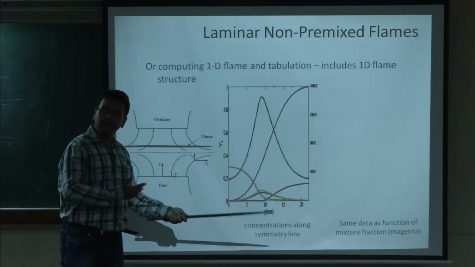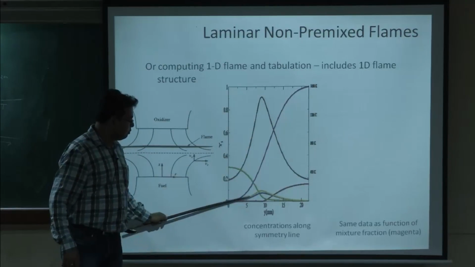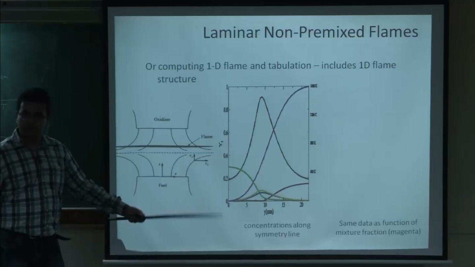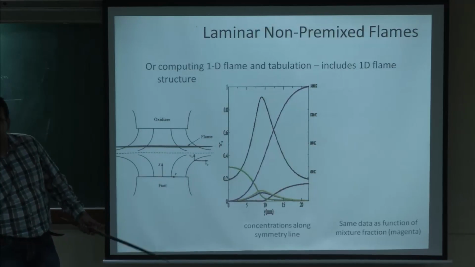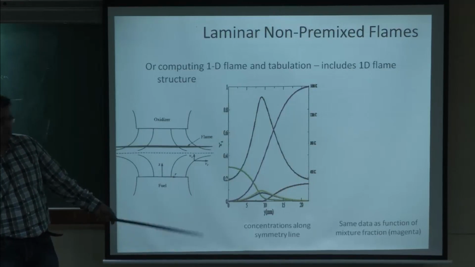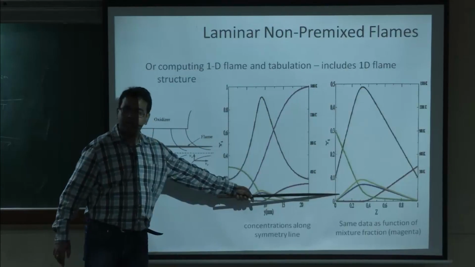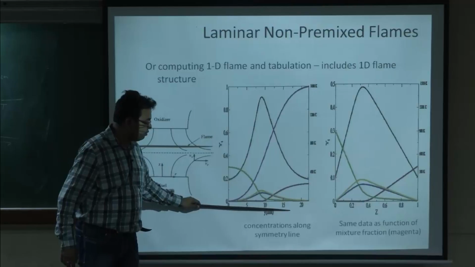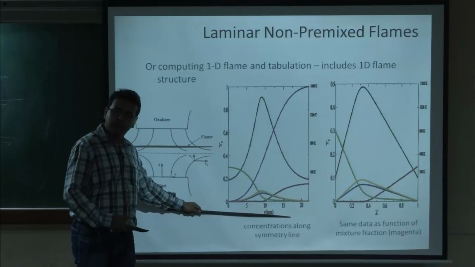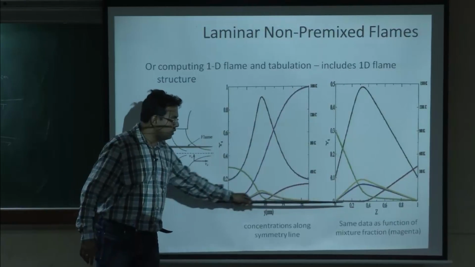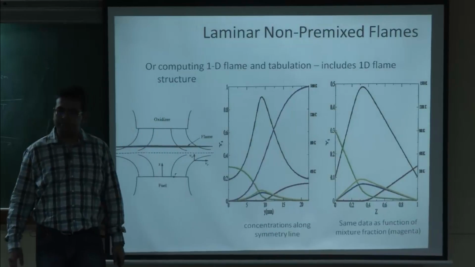We just need to manipulate this data. The same plot in mixture fraction space lets us see the nice flame structure that we have so far discussed. Here, in place of the physical coordinate, I have replaced it by the mixture fraction space.